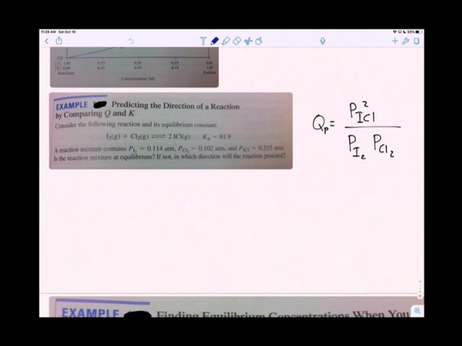Okay. So let's use this to predict the direction of a chemical reaction. We can start here. We have iodine plus chlorine in equilibrium with 2 ICl, and the Kp is 81.9.